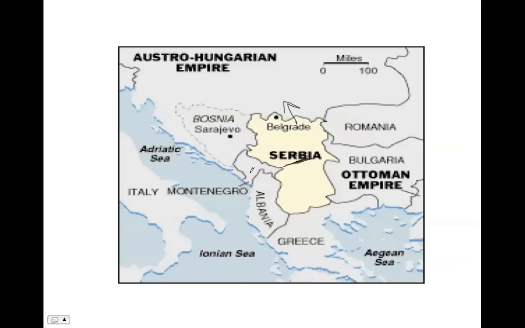And of course, they wanted to wipe Serbia off of the map. There was a problem, however. Okay, and this is when things get kind of crazy. Because Austria-Hungary wanted to wipe Serbia off the map.